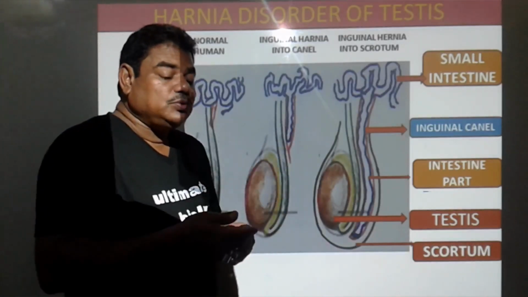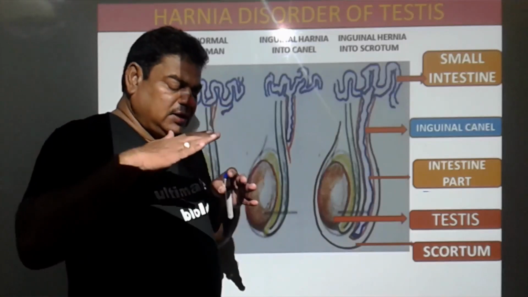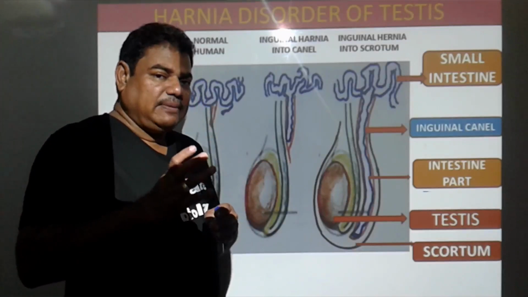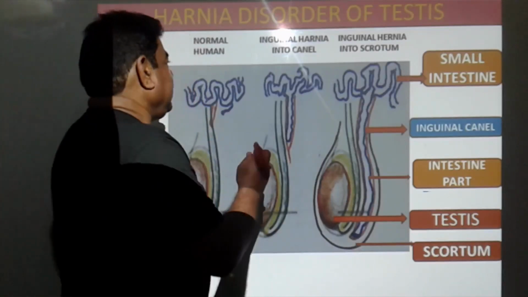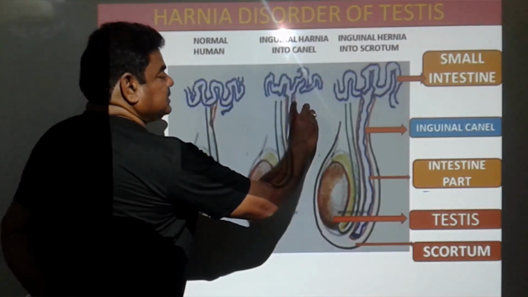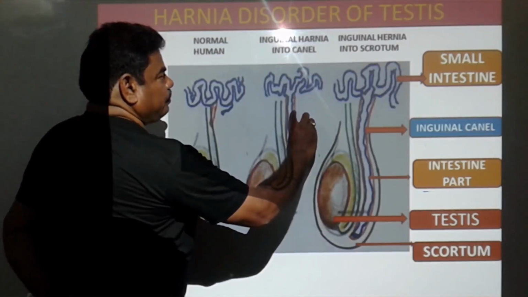But if we create more pressure on our small intestine, then by chance this small intestine part pierces the inguinal canal tissue.